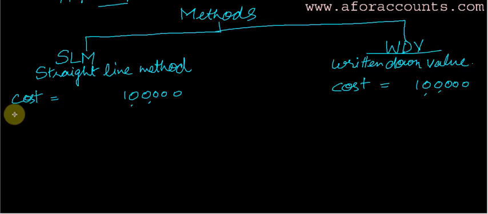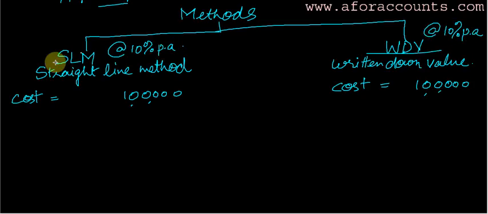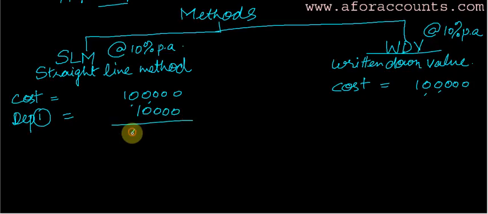So for the first year, if the depreciation is at the rate of 10% per annum, this is on SLM, and this is on written down value WDV, what will happen? So depreciation for the first year will be 10% of 1 lakh, that is 10,000. And the balance for the second year will be 90,000.